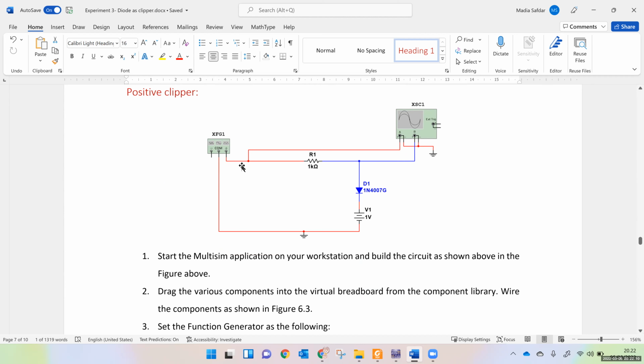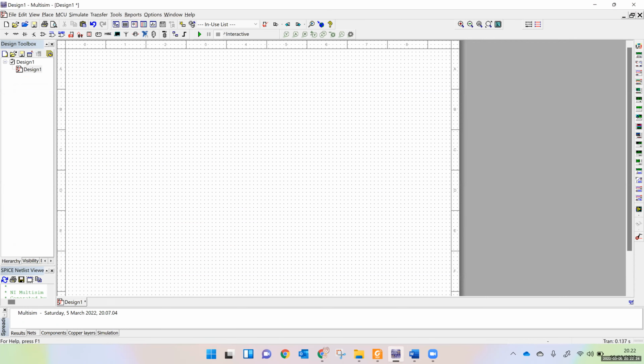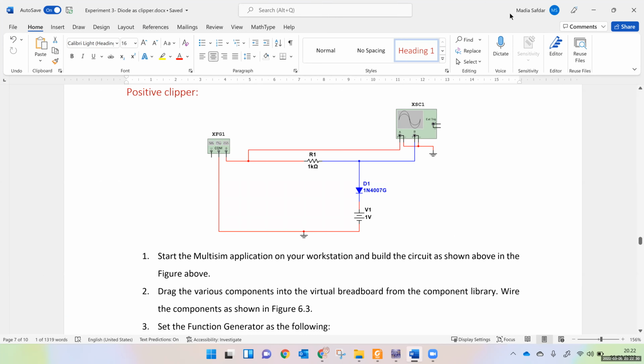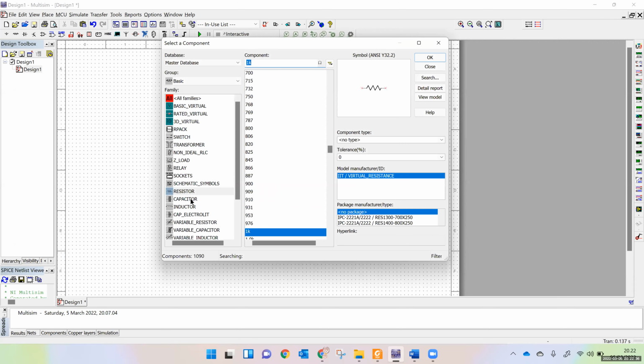So we need one function generator, one oscilloscope, a 1 kilo ohm resistor, a diode, a DC source, and then ground. Let's make this circuit in Multisim. If you open Multisim, these are the things we need. First of all, let's put the components.